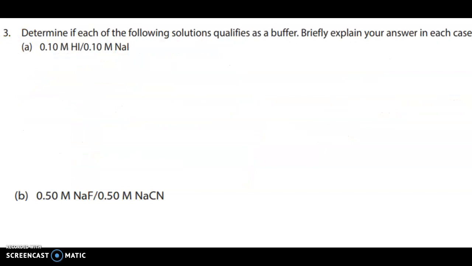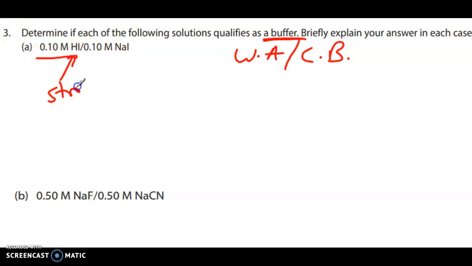Okay, number 3. For each of the following solutions, determine if they will qualify as being a buffer. Briefly explain your answer for each case. So remember, what makes a buffer? We need a weak acid and the conjugate base ion. So here we have HI. First of all, this is a strong acid.